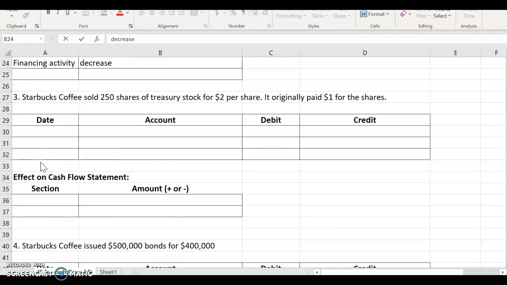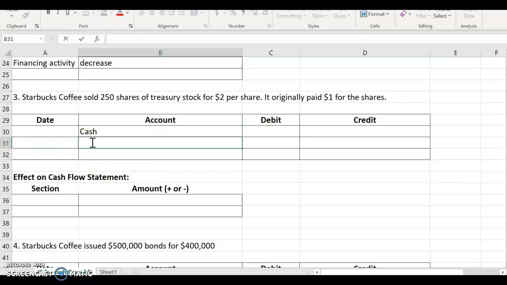Starbucks Coffee sold 250 shares of treasury stock for $2 per share. It originally paid $1 for the share. So in this situation, we're still talking about treasury stock. Instead of buying it now, we're reselling it. So when we resell something, you get cash for it. And you give up the treasury stock that you had previously bought.